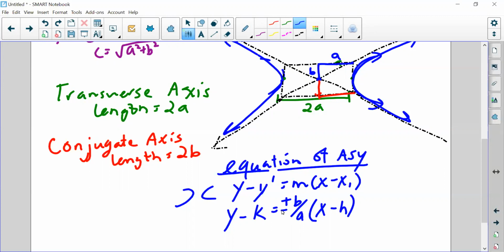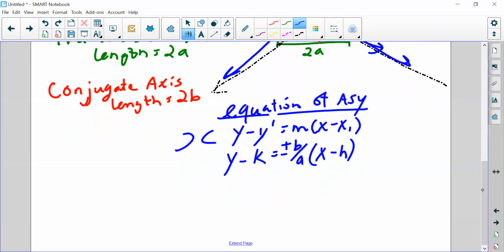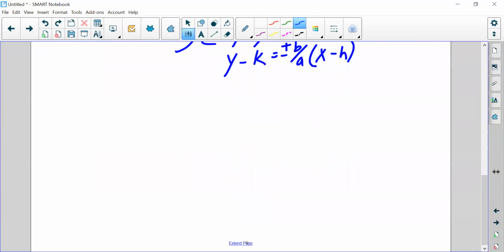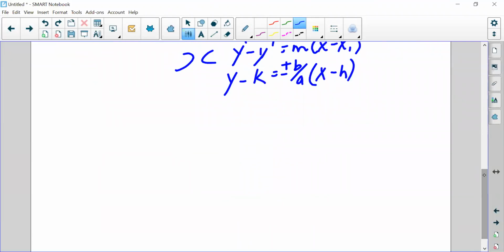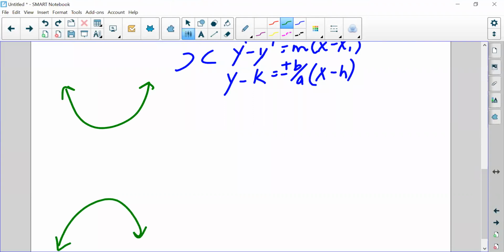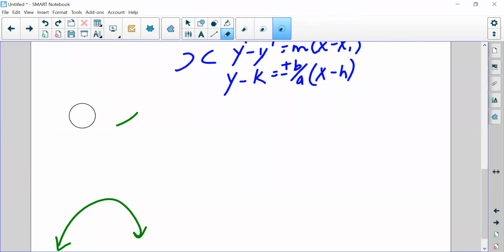Now let's look at if we open the other direction, see if we can figure that out. So let's say now my hyperbola is opening up and down. Let's just draw it.